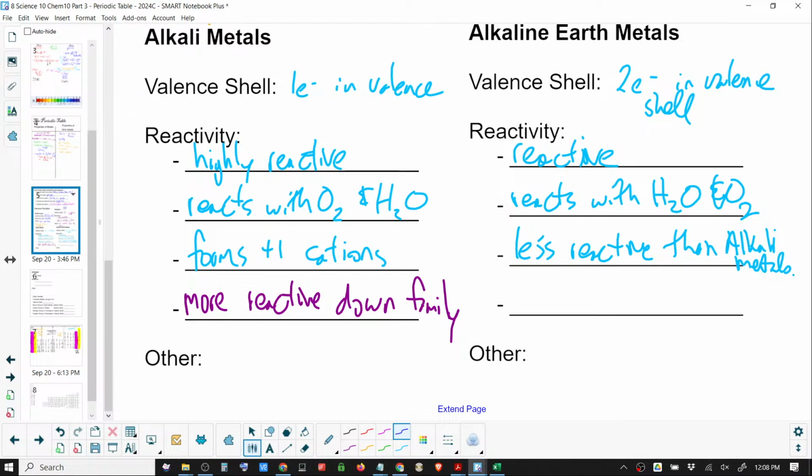What kind of solution? A hint would be what color it went after I added phenolphthalein. So what kind of solution is it? Base. So it forms basic solutions in water.